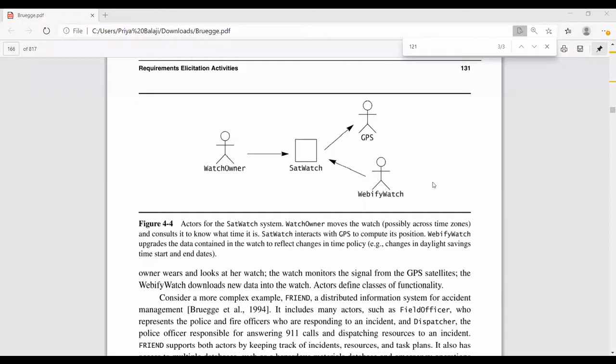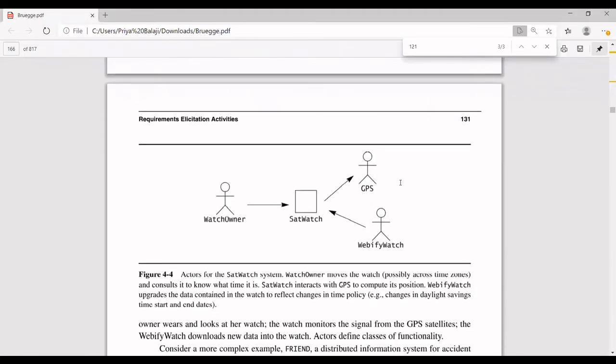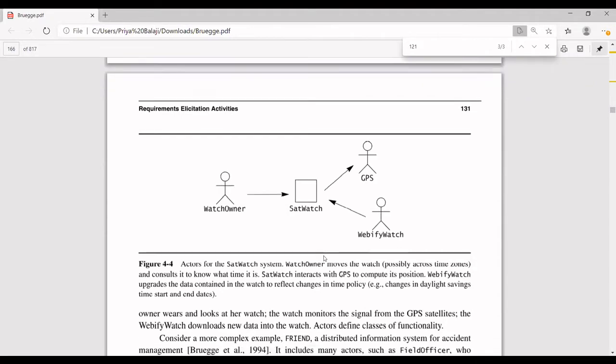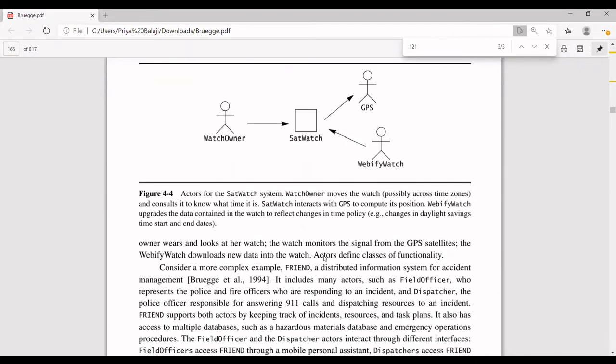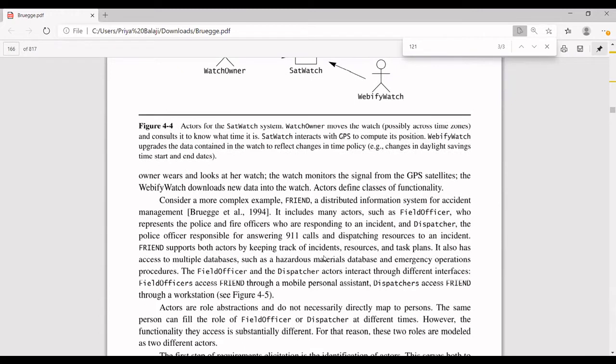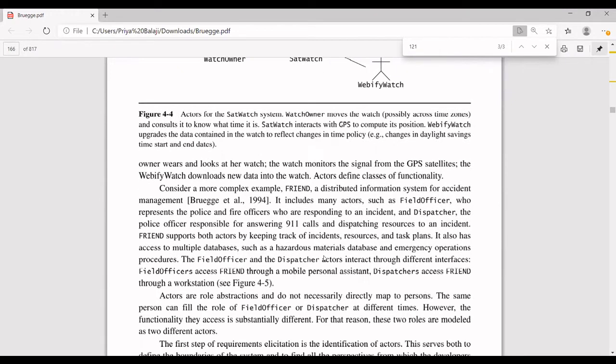So this is a rough idea. If I'm having a watch kind of thing, these are going to be my external devices or external entities around the satellite watch. So this is the first thing: when you get the requirement from the person, the first thing you have to define is who is going to be the actor.